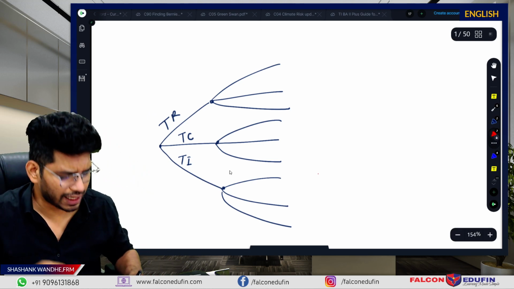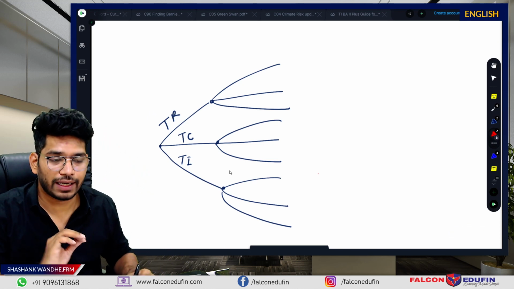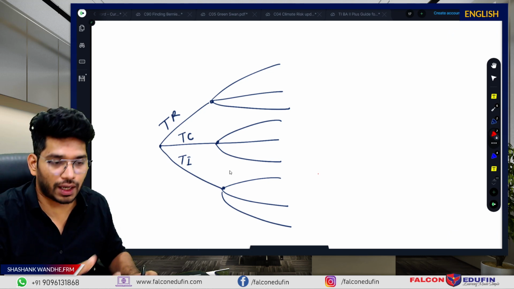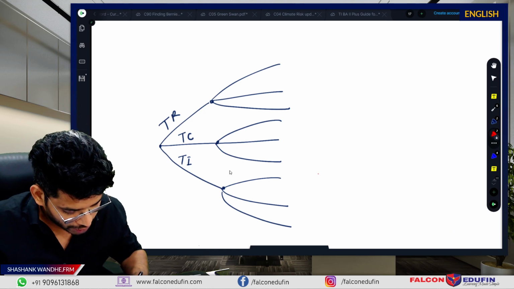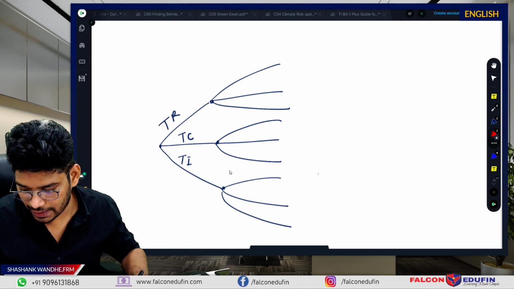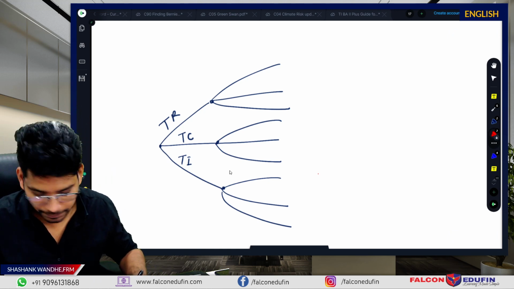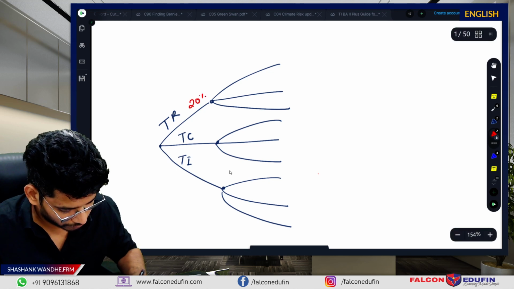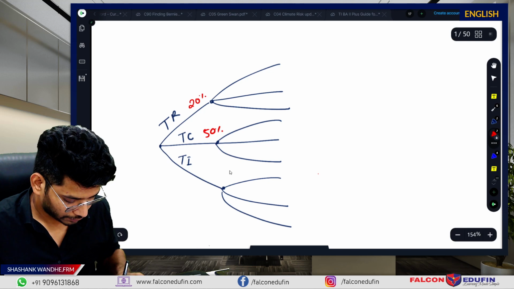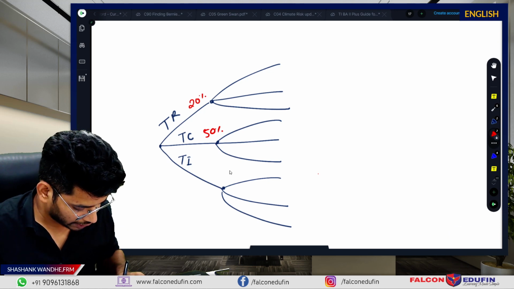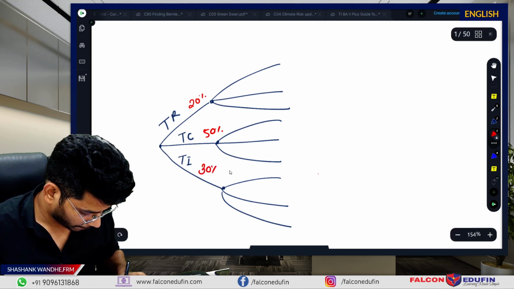What I will do here is note all the probabilities by red pen and their respective values by blue pen. So probability here is 20%. Then we have 50%. And the probability of tax increase is 30%.